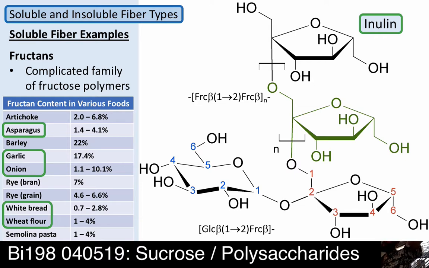I do not expect you to draw that picture for me. I just want to make that clear, right? So that just so you can see and begin to get a sense of the broader structure of these things. This fructan in particular is called inulin. And inulin is found in those foods I highlighted there: asparagus, garlic, onion. But who knew? It's also in white bread and wheat flour. So you can find inulin in a number of places.